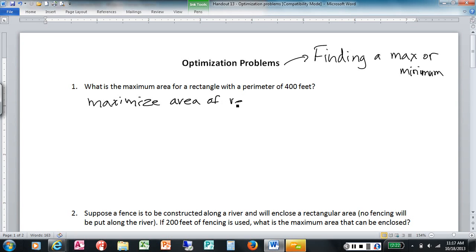What is the area of a rectangle formula? Area of a rectangle is length times width. Okay. Now, we also notice there that the perimeter, too, is involved. And we know that one such formula for a perimeter of a rectangle is 2L plus 2W.